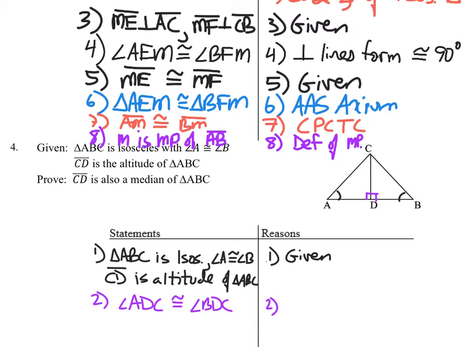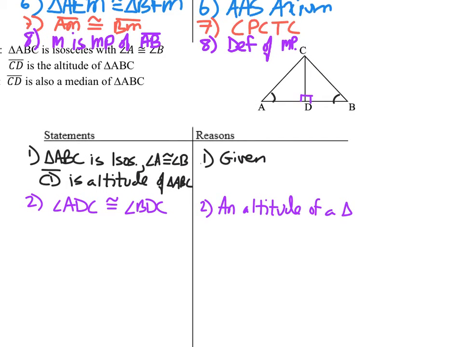We have an altitude which forms right angles, which are perpendicular, and those right angles are congruent. So an altitude of a triangle is perpendicular to the base, forming congruent 90-degree angles.